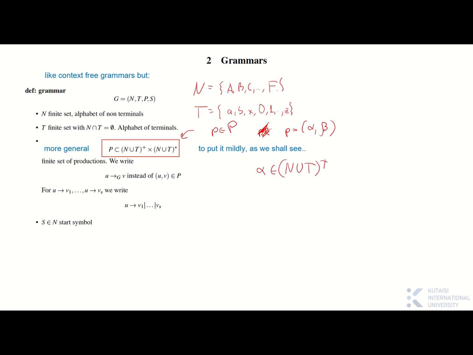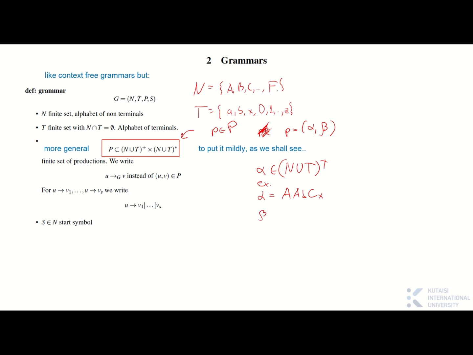If you remember what plus meant, if you take a union of non-terminals and terminals, plus is all possible strings that consist of terminals and non-terminals, not including the empty string. So alpha can be, for example, something like A, B, C, x. It will be a string that contains non-terminals and terminals, but it does not contain an empty string. That's what the plus bans.